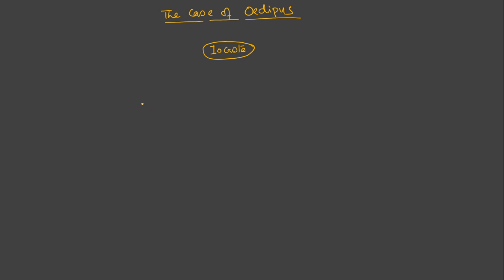The other individual is Oedipus, then Polynikes, then Tharsandros.